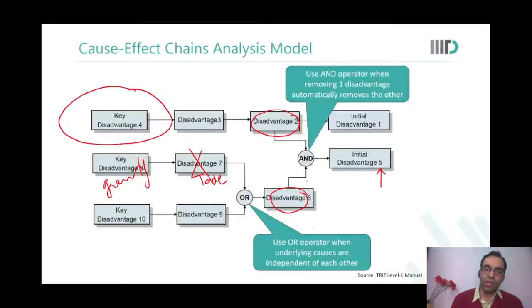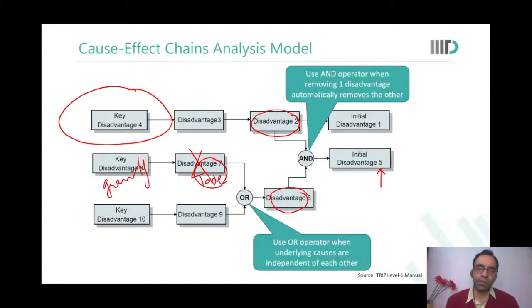Now either I go to a zero gravity situation, or I do something to the table. If I replace the table with a trampoline, the gravity still exists, but my disadvantage of my surface not offering me support to jump is taken care of.